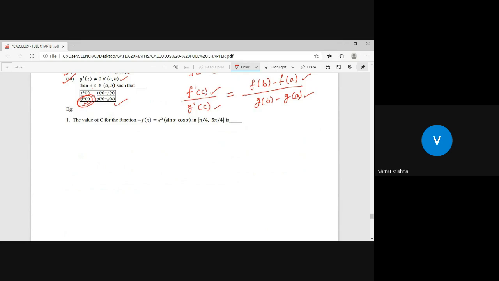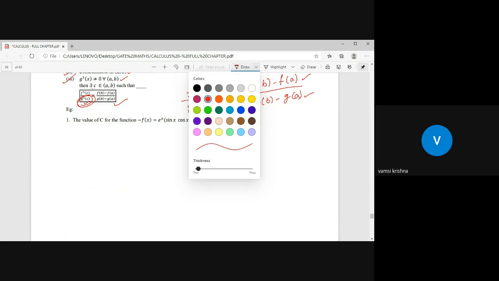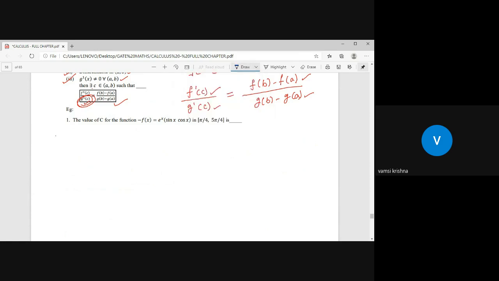Students, this is the example question we have. The value of c for the function f of x is equal to e power x into sin x minus cos x, in the interval pi by 4 and 5 pi by 4.